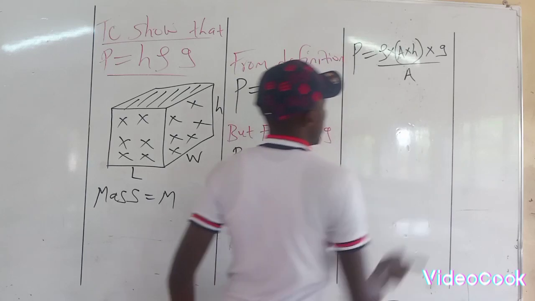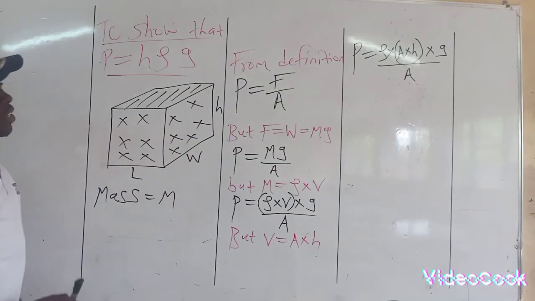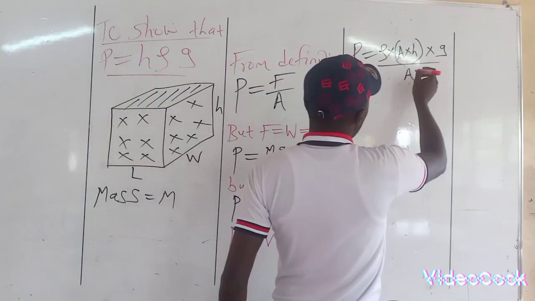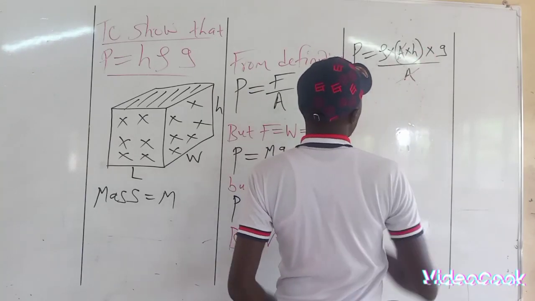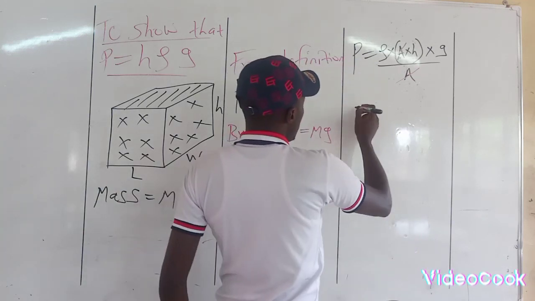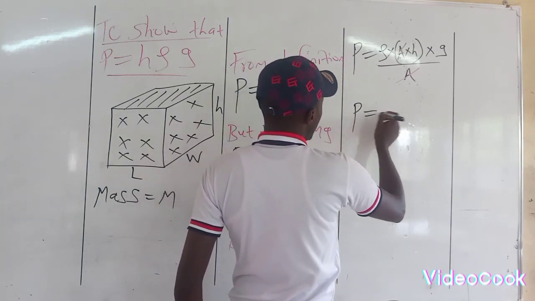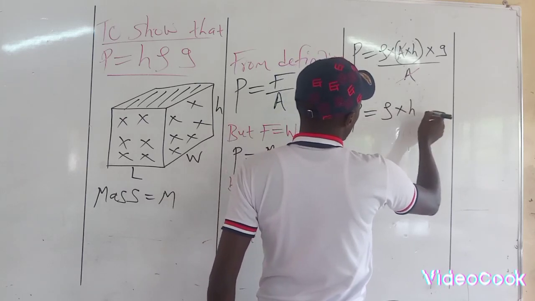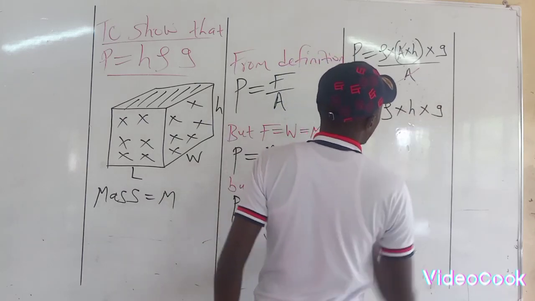At that point you realize that we have area in the denominator and also in the numerator, so we can cancel the area, and that means pressure is given by rho times h times g.